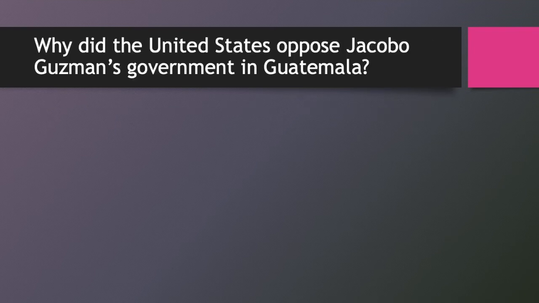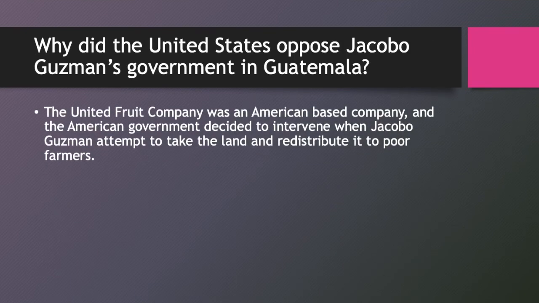All right, so why did the United States oppose Jacobo Arbenz's government in Guatemala? Now remember, he was a leader in Guatemala that rose up, and he was to represent the poor and downtrodden in his country in order to ensure that they had equal economic opportunities. Instead, though, he was blunted and stopped by the United States because there was a large American corporation, the United Fruit Company.